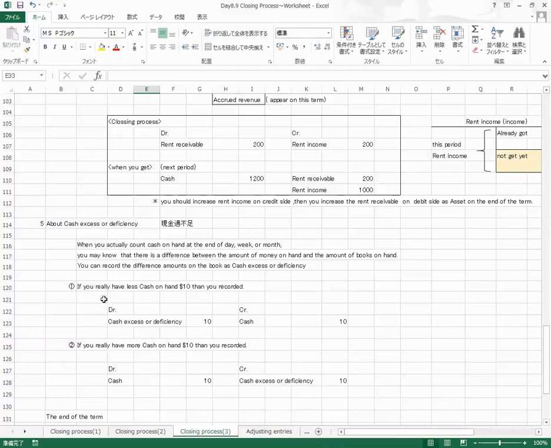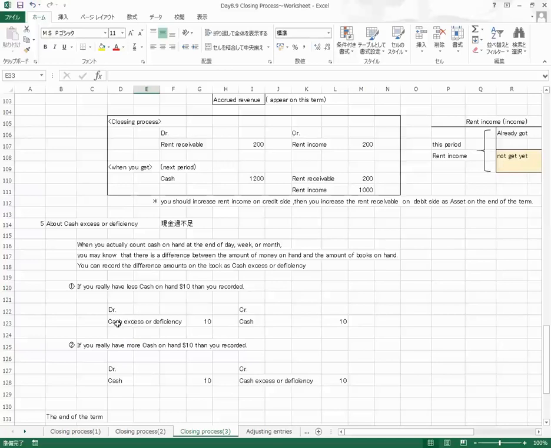For example, one, if you really have less cash on hand, then you record it. Say your cash on hand is less than the book by $10. How do you record it?